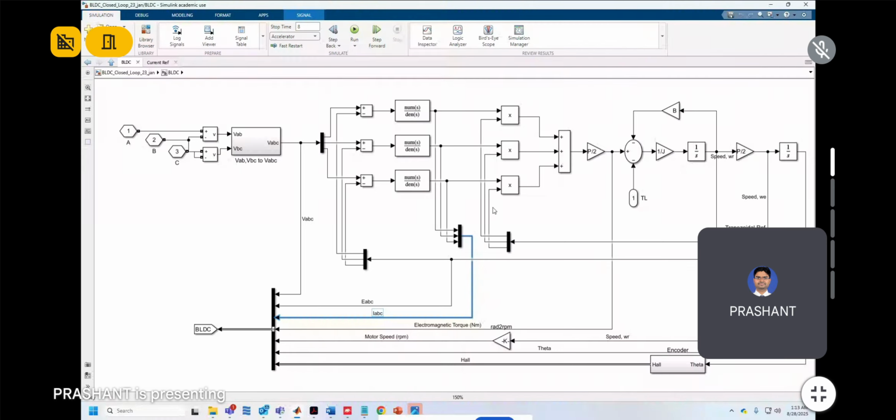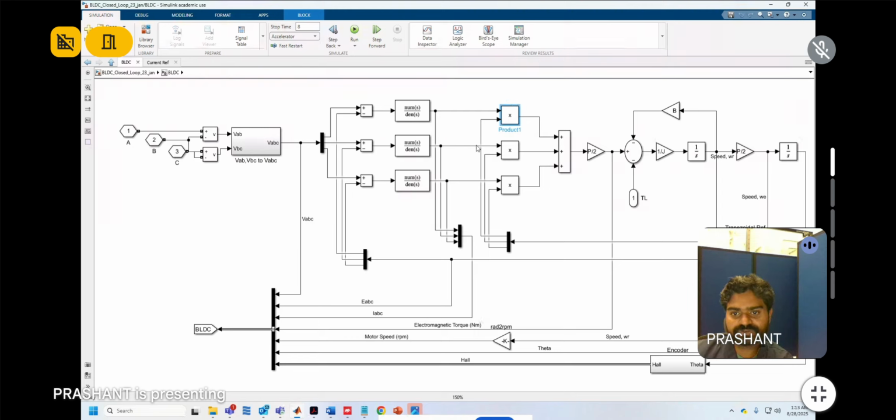Now, see here, I am doing some product. In Matlab, we have symbols for summation and for products. Here we have IA multiplying by something and getting something.